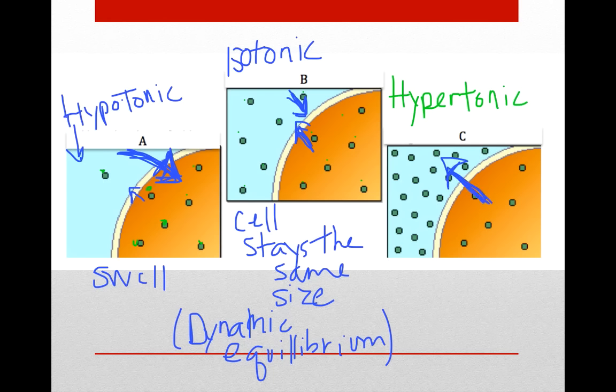Yes, there will still be some water coming in, but it's a very small amount, and the water coming out is going to be much greater. It'll do that until it reaches equilibrium. The cell shrinks in size because the water is going out of it, so it'll just get smaller.